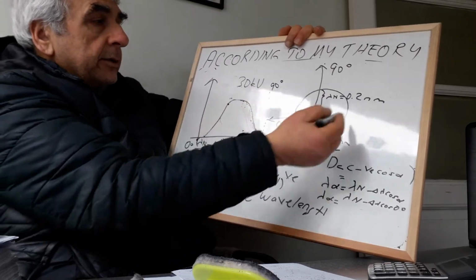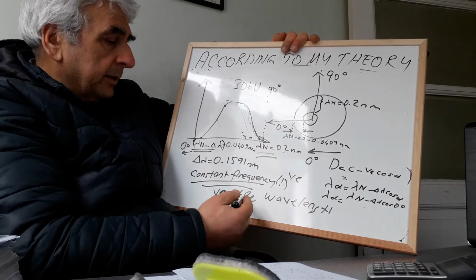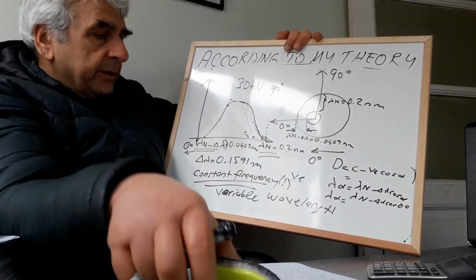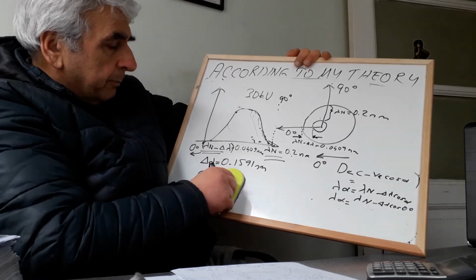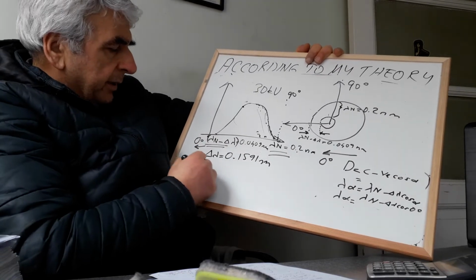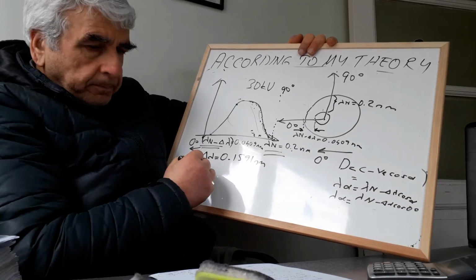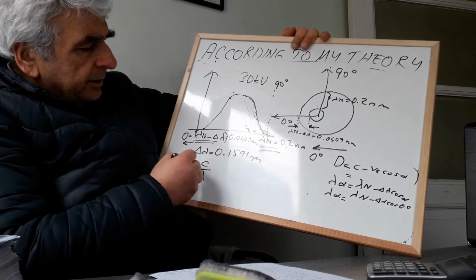In the continuum, variable wavelength, constant frequency. According to this principle which I put forth, frequency is equal to C divided by lambda.